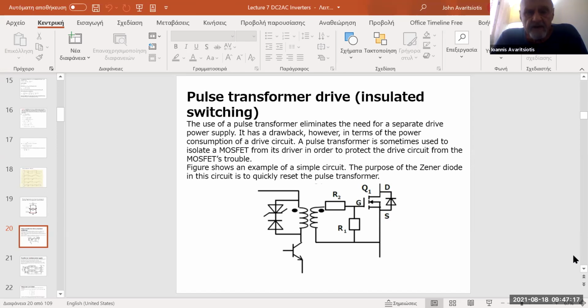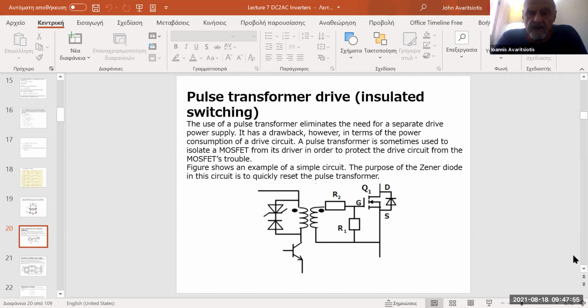A pulse transformer is sometimes used to isolate a MOSFET switch from its driver in order to protect the drive circuit from the MOSFET's trouble. And this figure shows an example of a simple circuit which is used to turn on, if you like, a MOSFET switch, which is shown here as switch Q1.